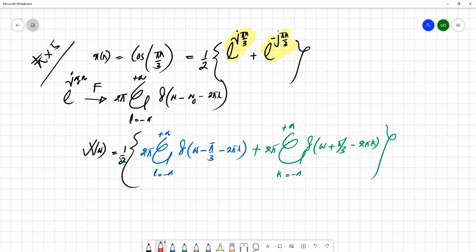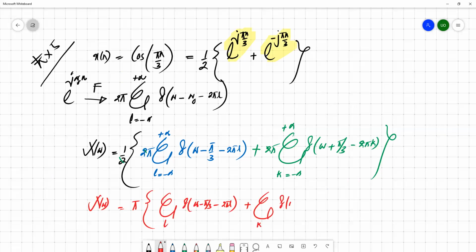And the final solution will be X omega equals 5, sum from L, delta. So this is the final solution.